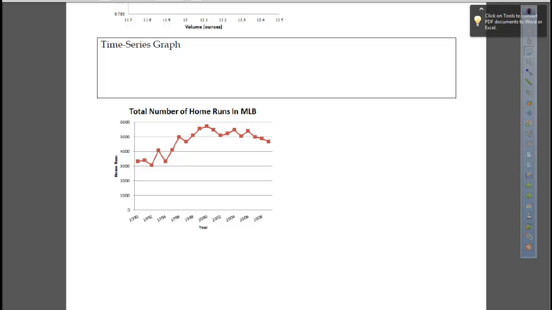So in short, what could we say about the trend of the number of home runs in baseball? Looks like from 1990 to about 2000 or so, we had a steadily increasing pattern, right? But then after that, it looks like we're starting to taper off or even have a slight decline.